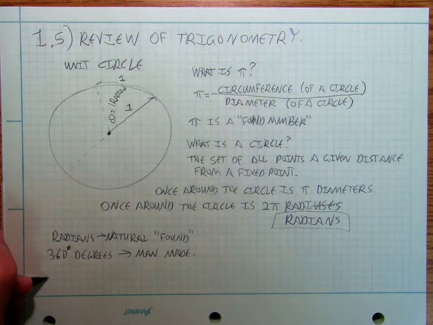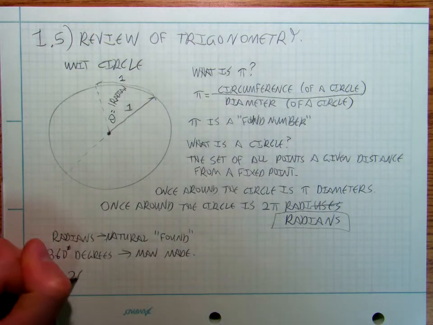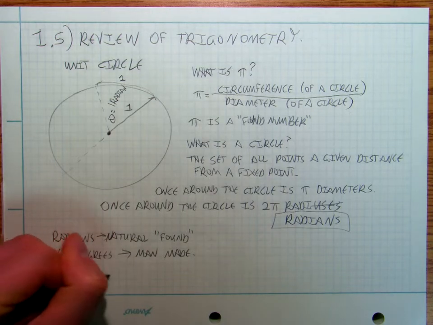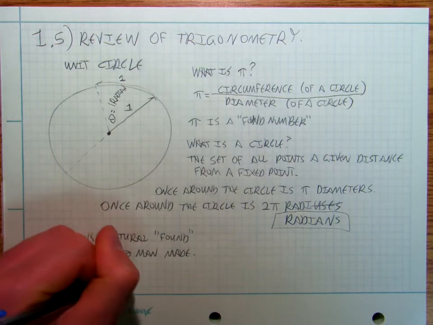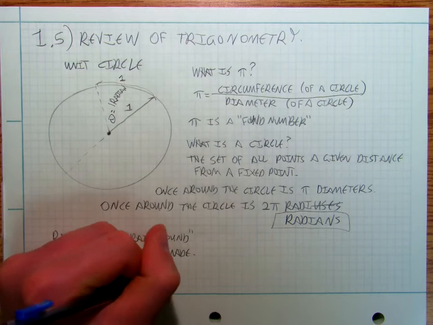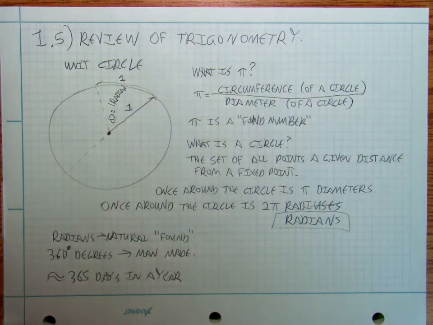As far as I can tell, the reason we have 360 degrees in a circle is because it's approximately equal to 365 days in a year, which has to do with going around in a circle, well, an ellipse technically, but more or less a circle.